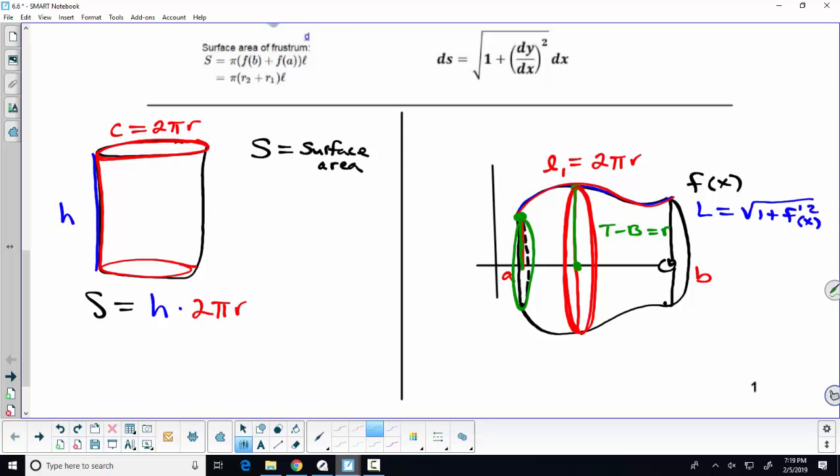So that's just f of x minus 0. That height radius is f of x minus 0. So yeah, I didn't write that down, but r is top minus bottom, which is f of x minus 0, so f of x. Does that help? Yep. Okay. Any other questions?